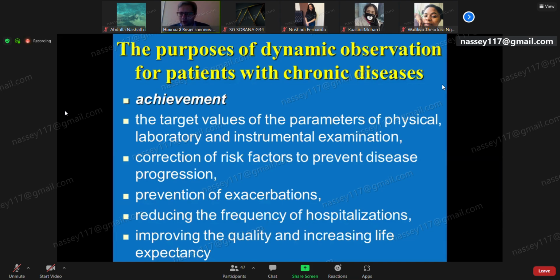Especially for elderly people, this factor plays a more important role than others.